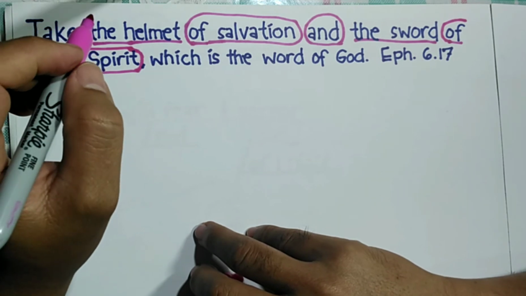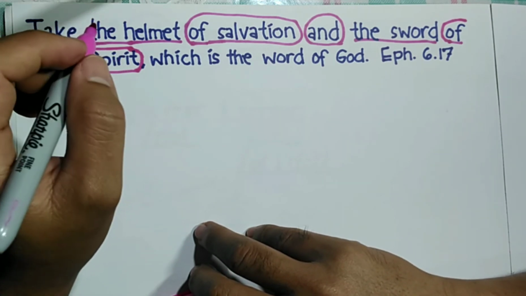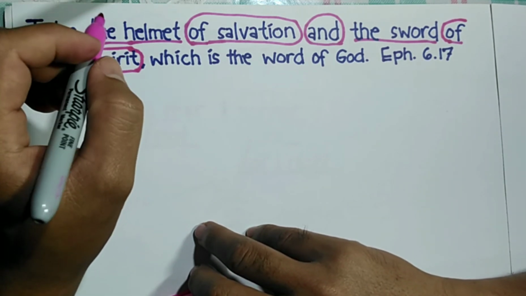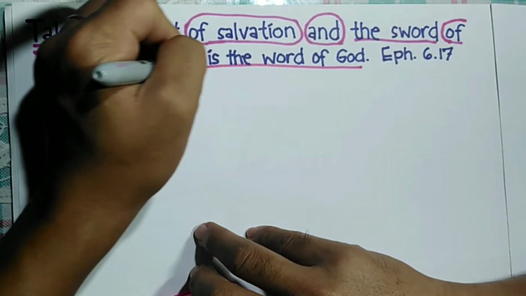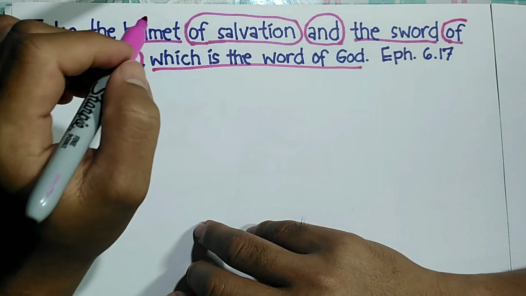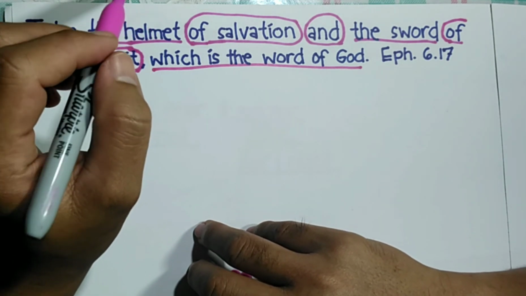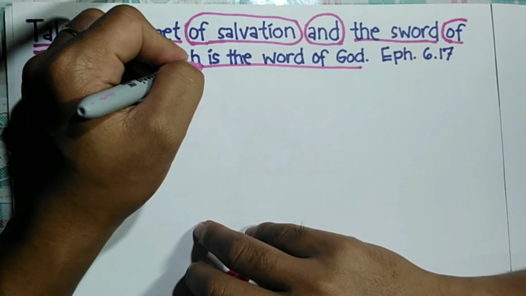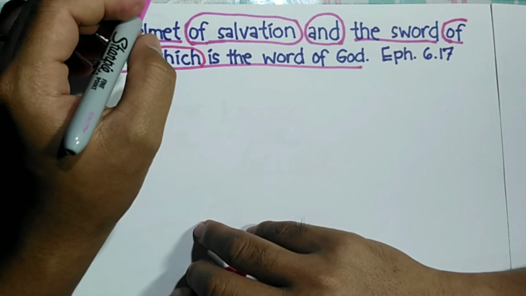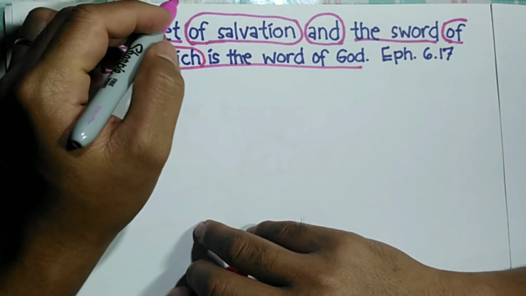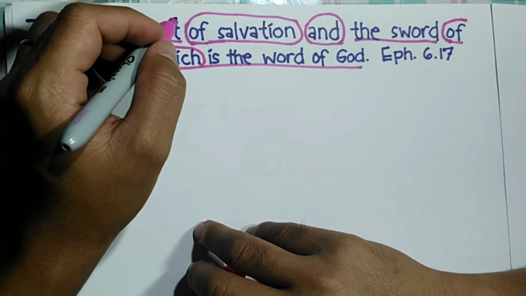And then we also have which is the word of God. This one is a relative clause. Why is it a relative clause? Because of the word which. Which is a pronoun, and this is a relative pronoun.